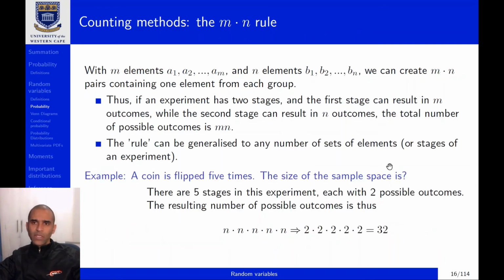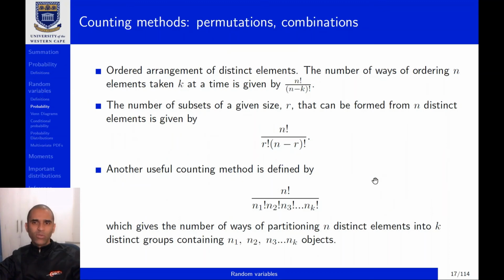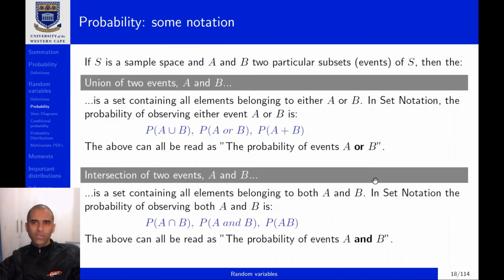So if you're interested, you can look at this and try and read further into it, else you can safely ignore these two slides. Then there's just a bit of notation. I don't think there's any value to me spending too much time going through this. Just note that there are different ways of expressing certain concepts.